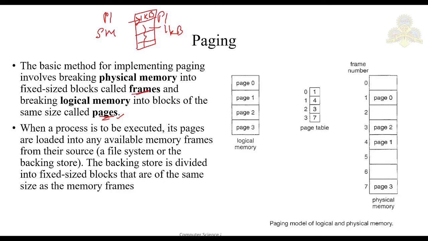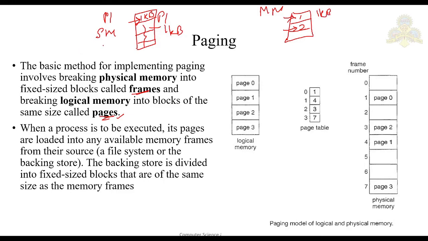Say, for example, this is our main memory. I'll draw here. Suppose this is our main memory and these are fixed-size frames. Each one of these would be called a frame, like frame 1, frame 2, and these will be of equal size, like 1 KB each. Now how would a process be kept in the main memory?